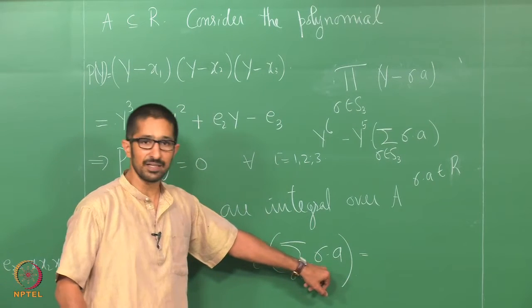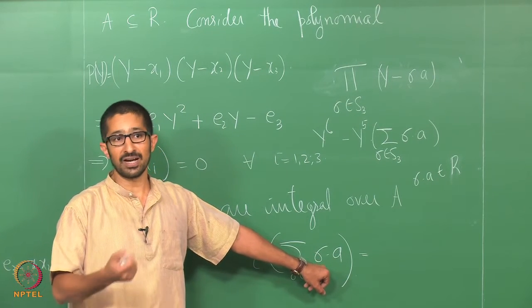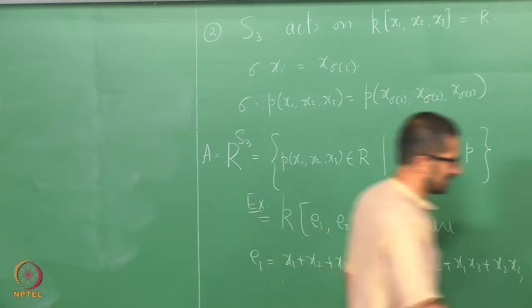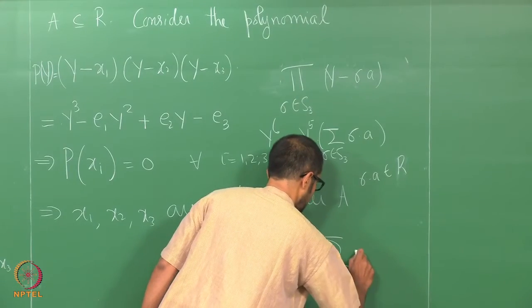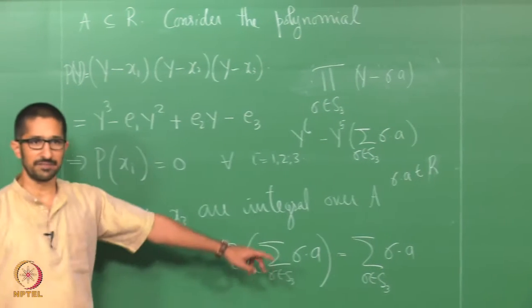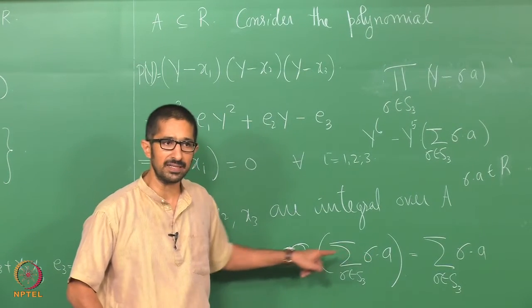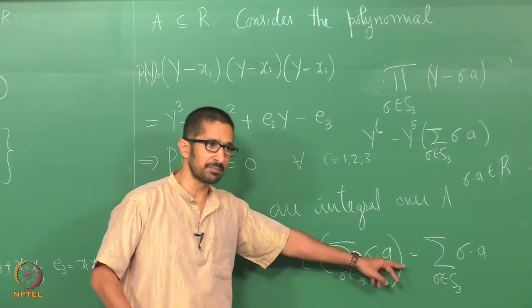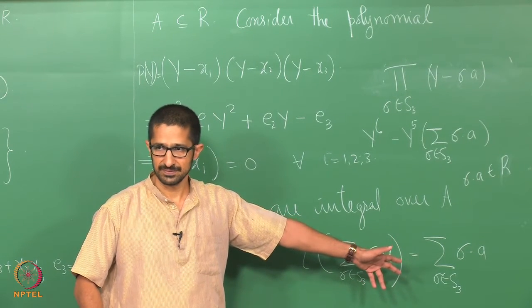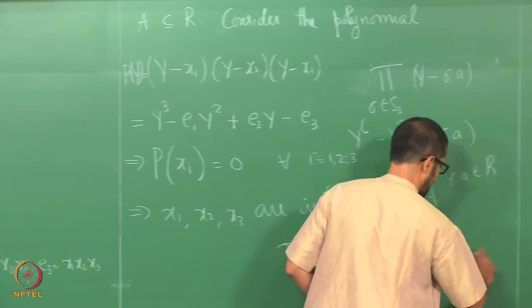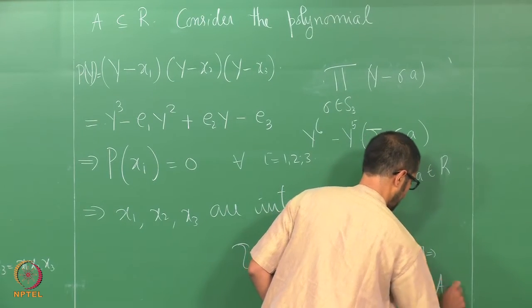Therefore, this is fixed by all elements in S3, and hence this is in A. This will be the sum of sigma dot a, sigma in S3. S3 is a finite group. You look at tau sigma where sigma varies over S3, it is the same as sigma varies over S3. Okay. So therefore, this implies this element is in A.